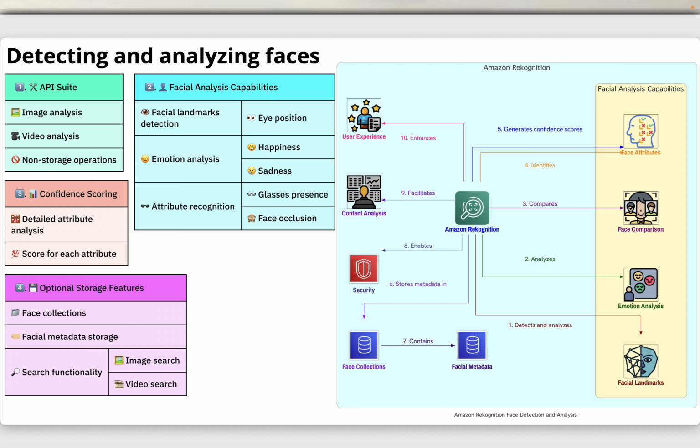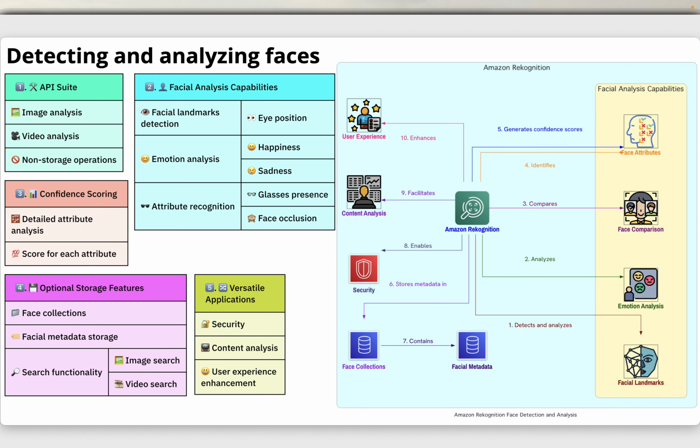It has its own separate storage to keep the history of all the faces that it has detected. The combination of real-time analysis capabilities and optional storage features makes Rekognition a versatile tool suitable for a wide range of applications, including security, content analysis, and user experience enhancement.